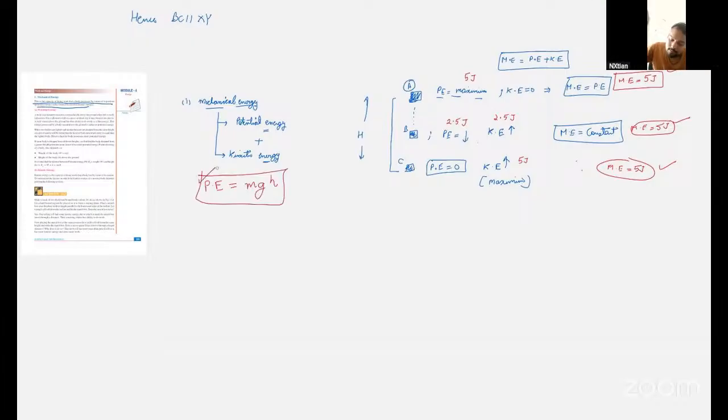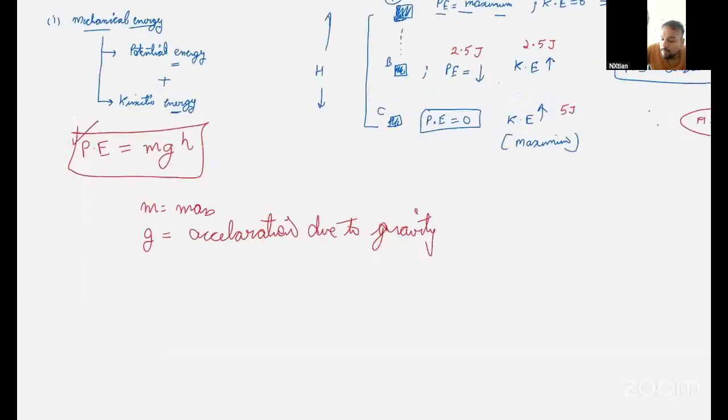Here M is called mass. G is acceleration due to gravity, which is nearly around 9.8 meter per second square. But sometimes in the question, if it is given 10 meter per second square, you can take that also.